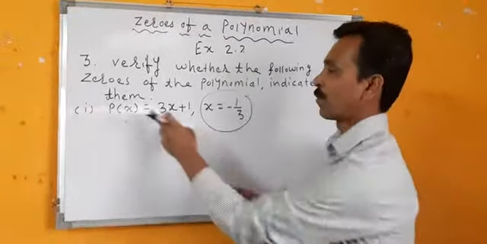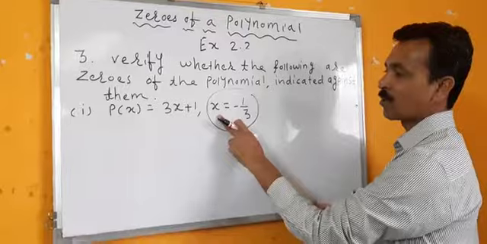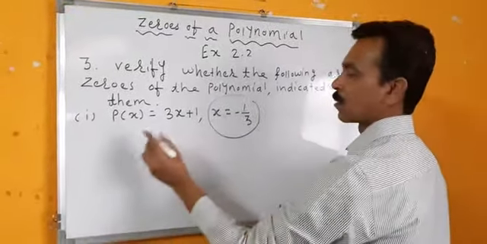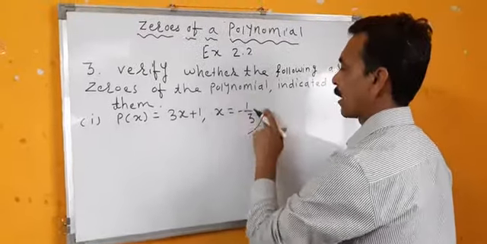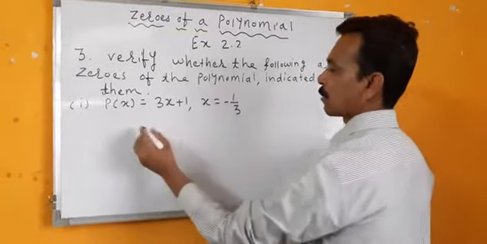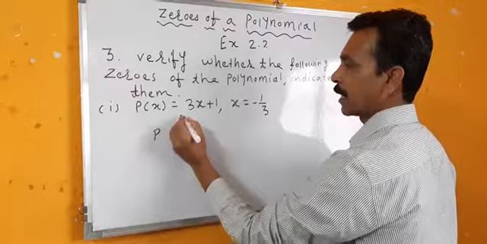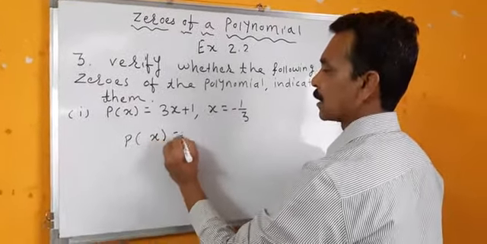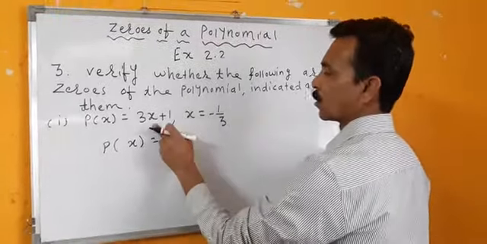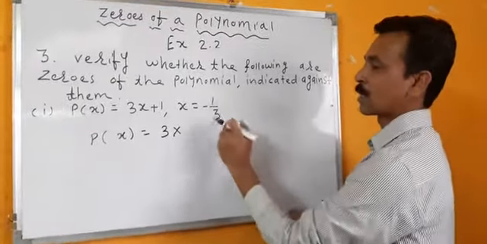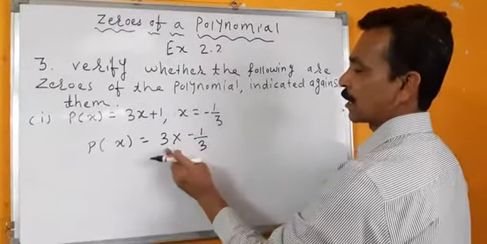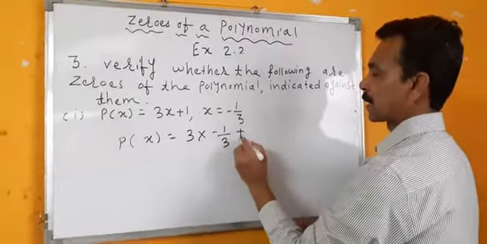Let's see. What is the value of x here? Minus 1 by 3. And p of x is 3x plus 1. Now I will place the value x is equal to minus 1 by 3. So p of x is equal to 3 into x, and x is minus 1 by 3, plus 1.